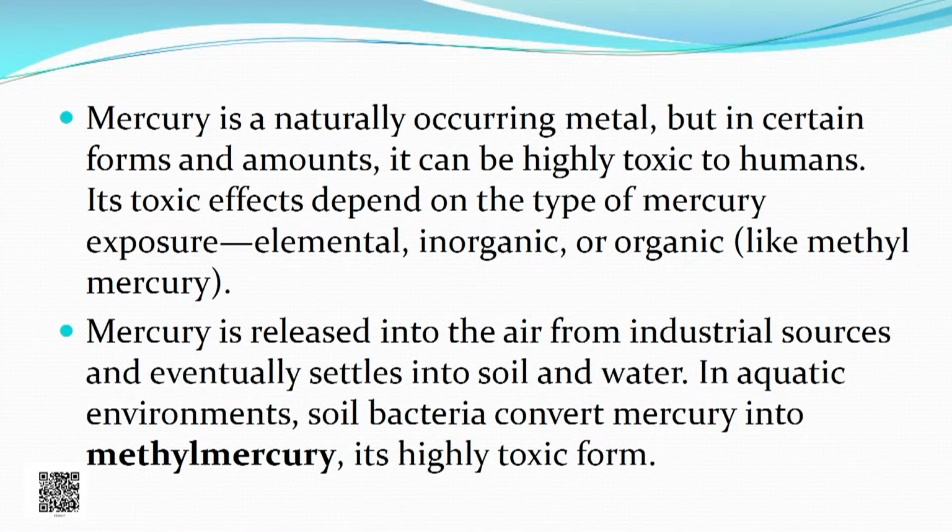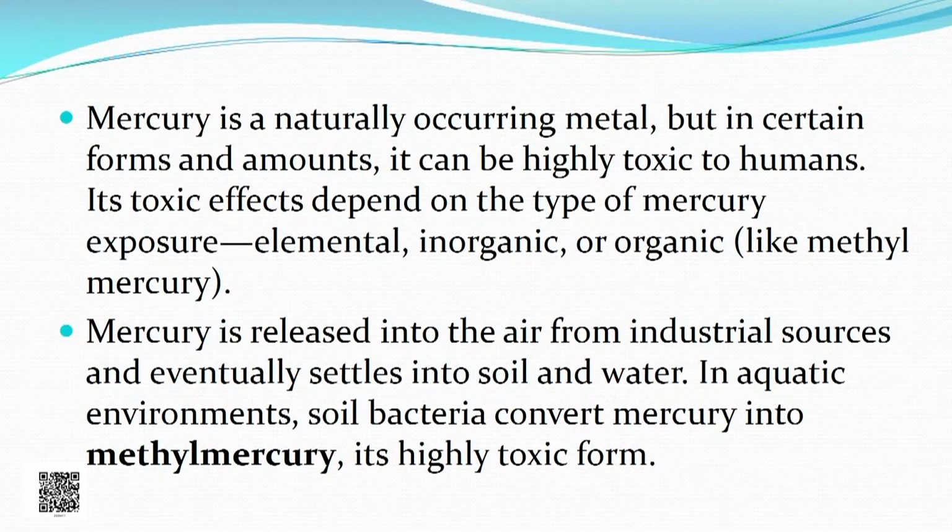Mercury is a naturally occurring metal, but in certain forms and amounts it can be highly toxic to humans, and its toxic effect depends on the type of mercury exposure, whether elemental, inorganic, or organic. Mercury is released into the air from industrial sources and eventually settles into air, soil, and water.